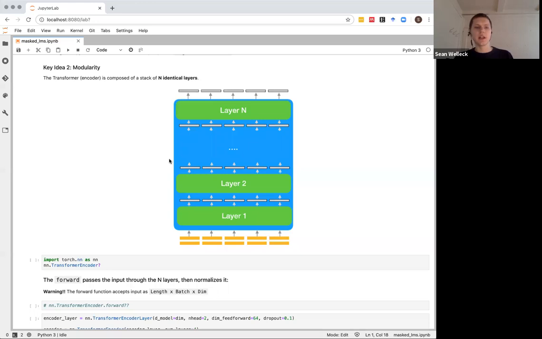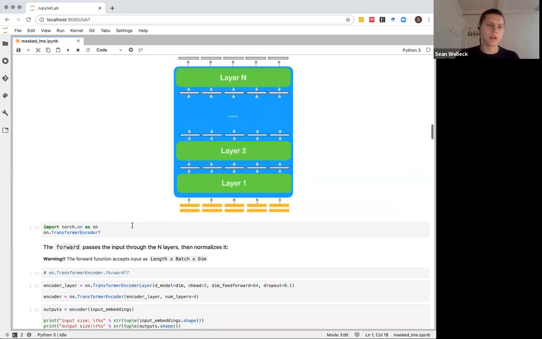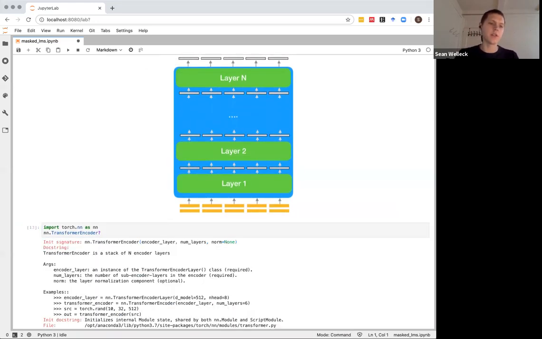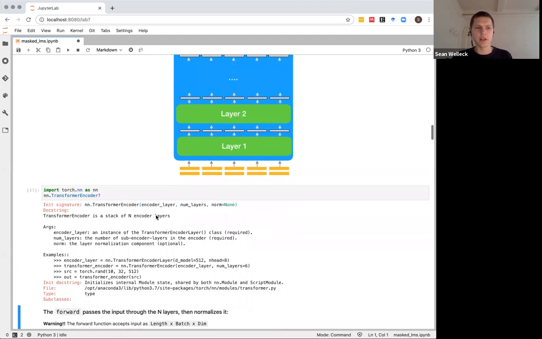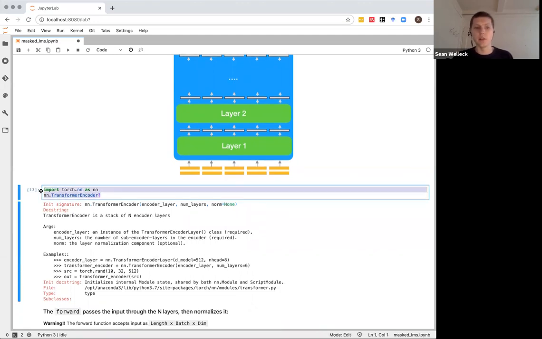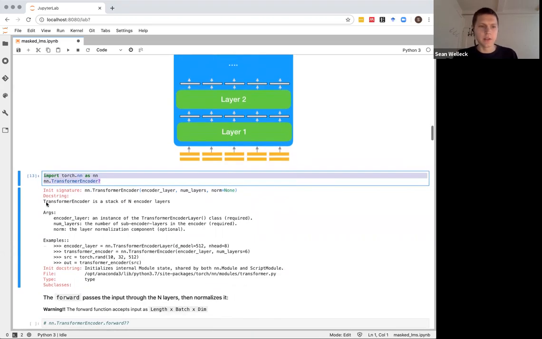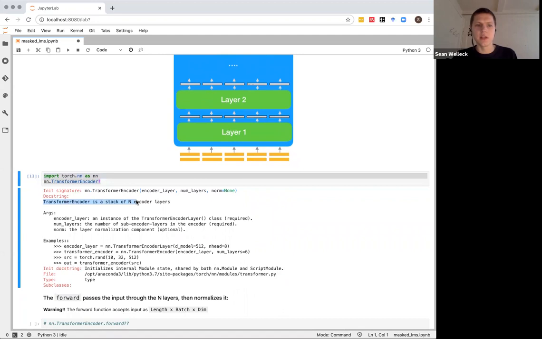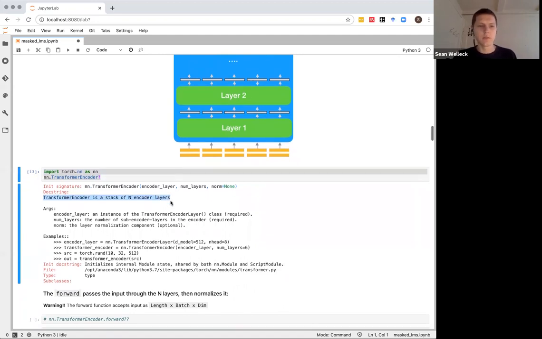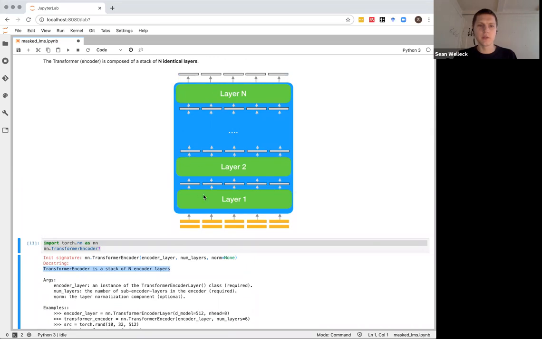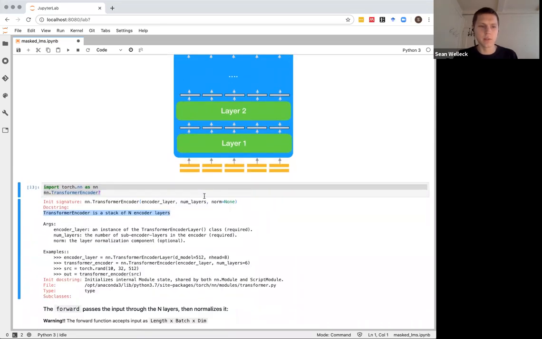Now we can look at what this is doing here. In this case, we're going to look at some evidence of this. We're going to look at this transformer encoder class that's actually implemented in PyTorch. You can see here that the description is that it's a stack of n encoder layers, which lines up with that diagram.